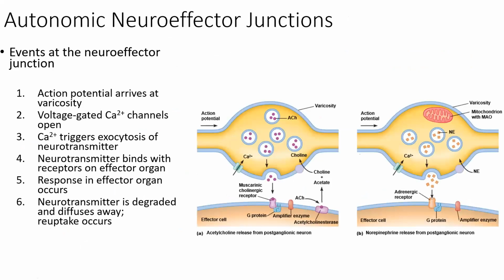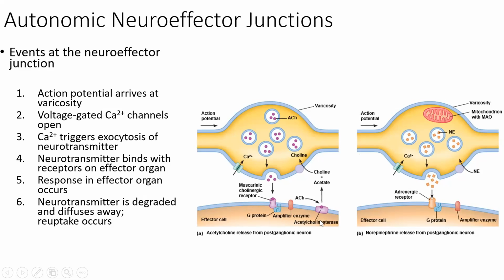Okay, so here is a really nice illustration of the two options that we have for this neuroeffector junction. So I talked about the fact that it could be at a postganglionic parasympathetic neuron, right? So that's going to be releasing acetylcholine and binding to a muscarinic receptor. Or it can be a postganglionic sympathetic neuron where it's going to release norepinephrine and that's going to bind to an adrenergic receptor, of which there are many options or subclasses here.